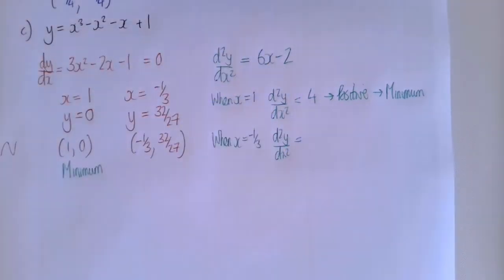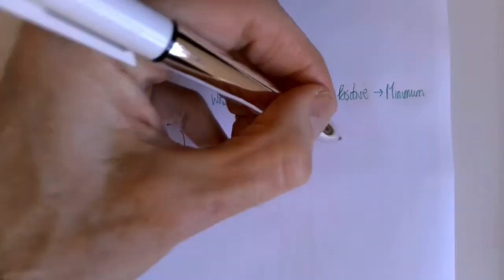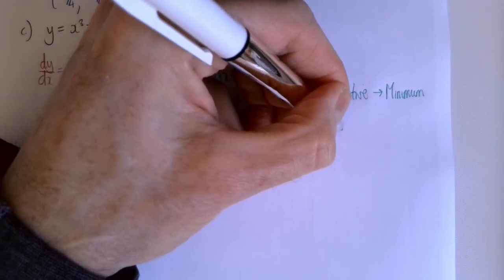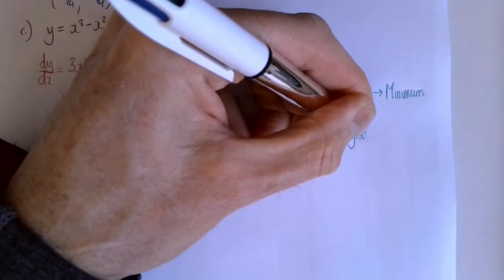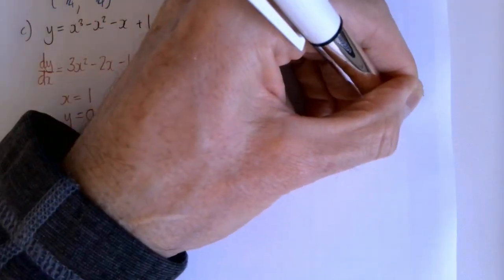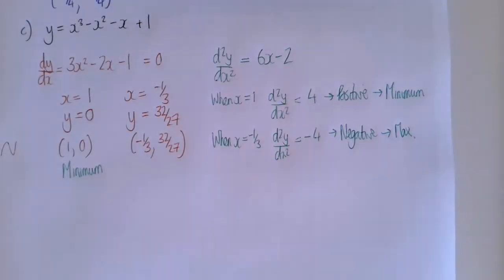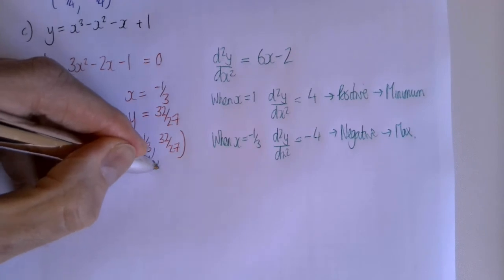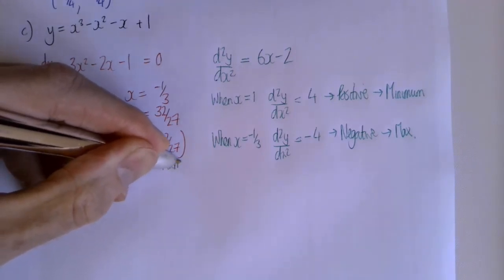So 6 times minus a third is minus 2. Minus 2 take away 4 is minus 4, which is negative. So we are dealing with a maximum. And we knew that already, but we've confirmed it.